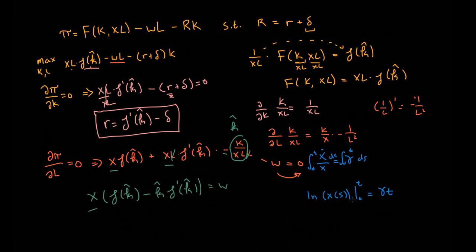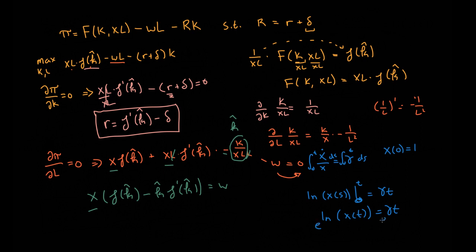Now we're going to define x of 0 equals 1, because there's no reason not to. We can start anywhere, so we choose the easiest place to start. The natural log of 1 is 0, so the bottom part goes away, and we're left with the natural log of x of t equals gamma t.